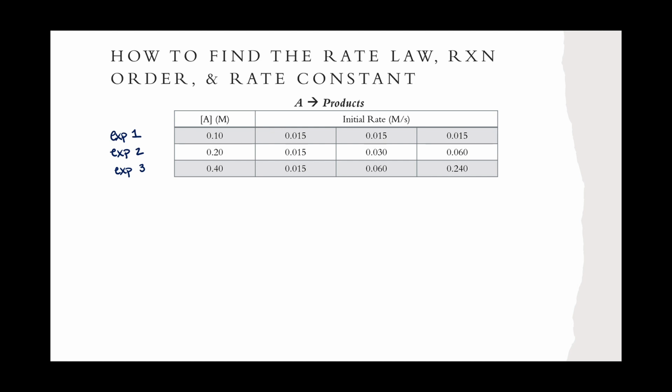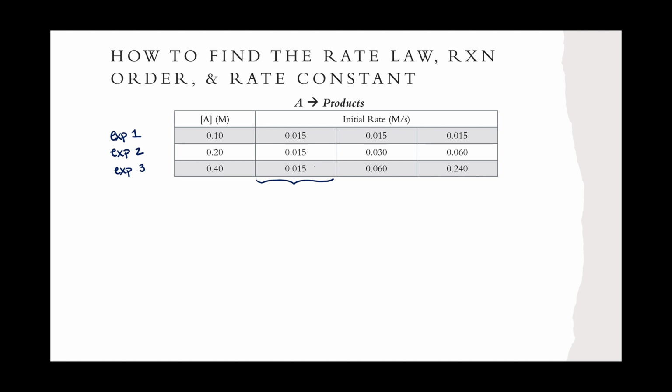If we look at the left column, we see that as we're doubling the concentration of A, as it goes from 0.10 molarity to 0.20 molarity, our rate is remaining constant.